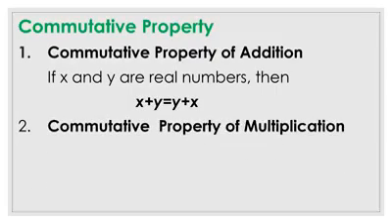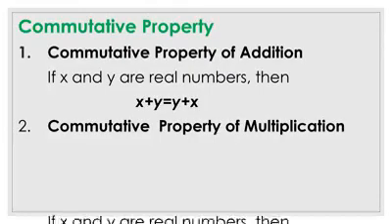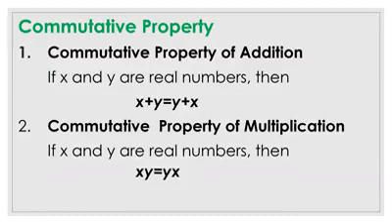Another, we have the commutative property of multiplication. It is stated that if x and y are real numbers, then xy equals yx. When we say commutative properties, it states that the order of the addends or factors does not change the sum or the product respectively.